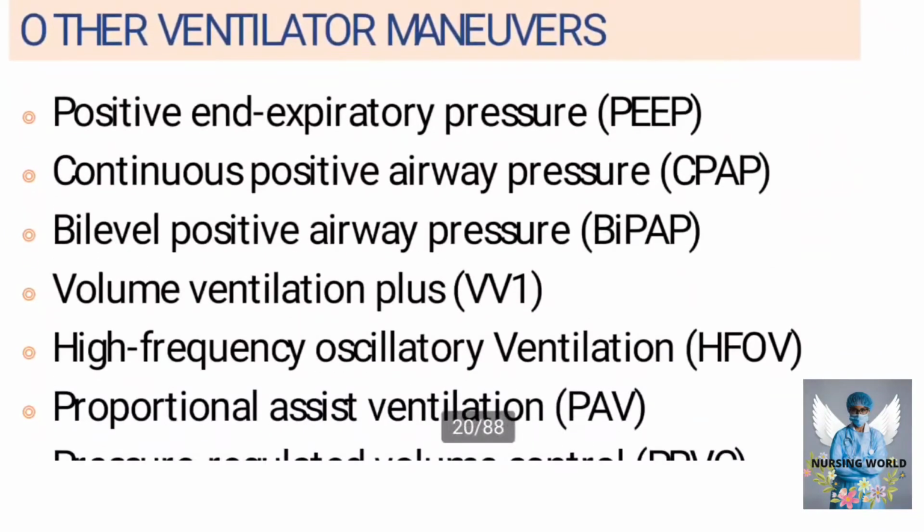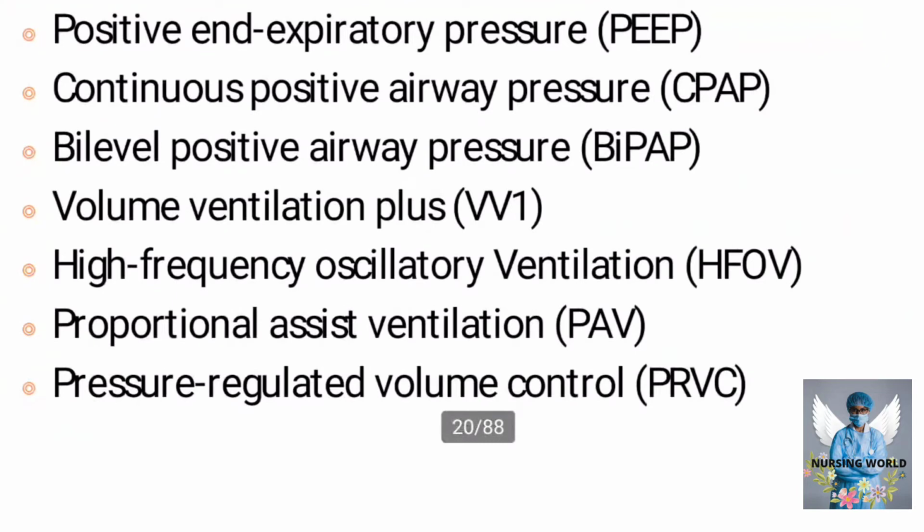Next are other ventilator maneuvers like positive end expiratory pressure, continuous positive airway pressure, bilevel positive airway pressure, volume ventilation plus, high frequency oscillatory ventilation, proportional assist ventilation, and pressure regulated volume control.